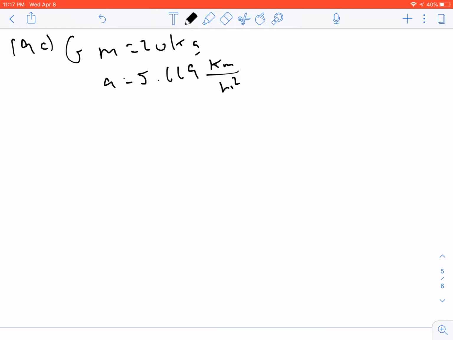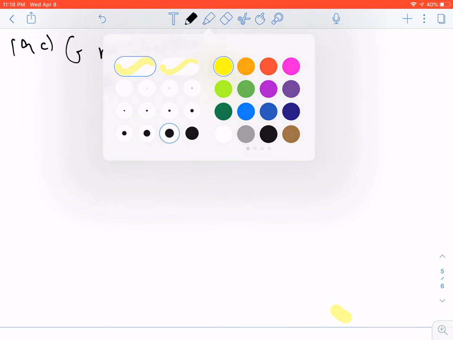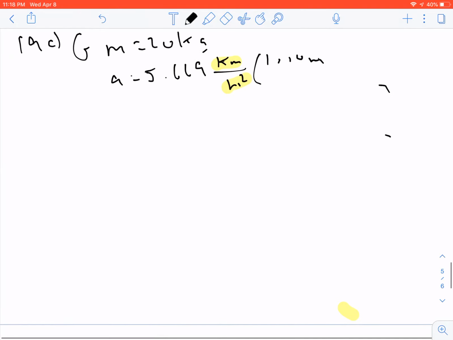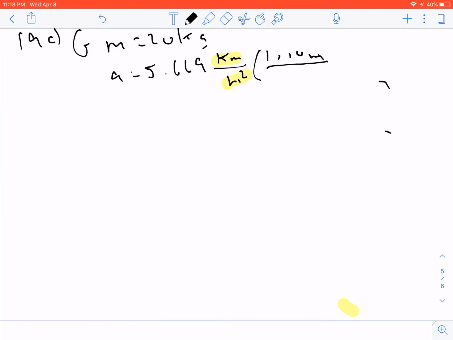So we know my acceleration has to be in meters per second squared. So I've got to convert my kilometers into meters and my hours down here into seconds. So remember, hours squared is hours times hours. So I'm going to convert my kilometers because I know that 1,000 meters is the same as a kilometer.